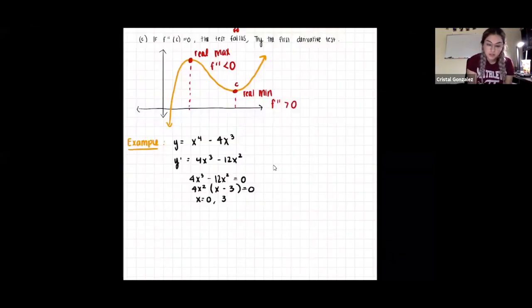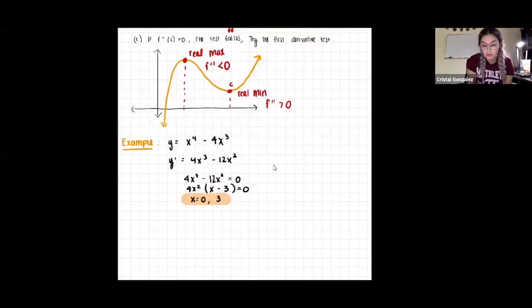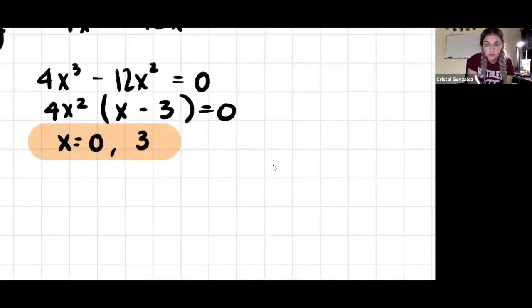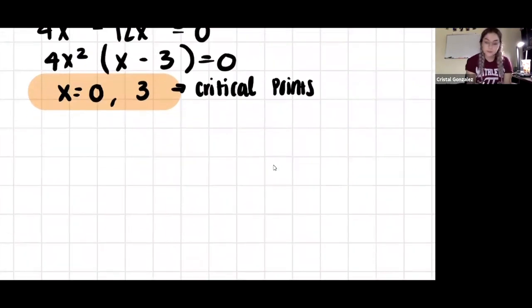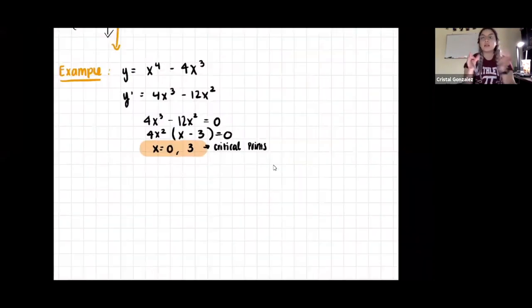And since we're dealing with a polynomial, there are only critical points. Perfect. Now, in order to do the second derivative test, we won't do the number line test right away. What we'll actually do is take the second derivative now.